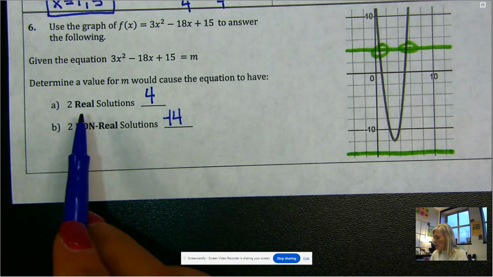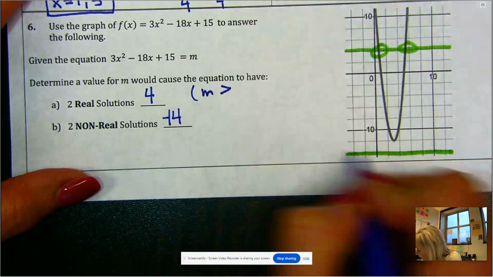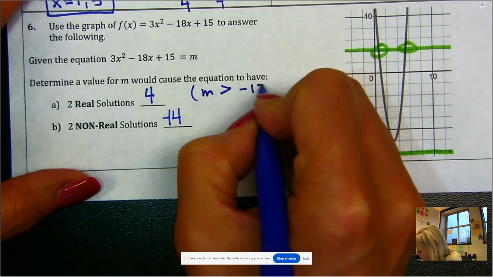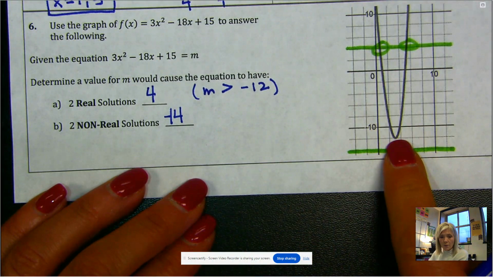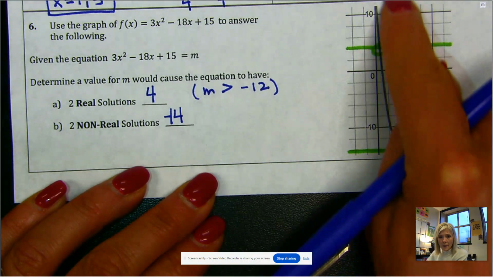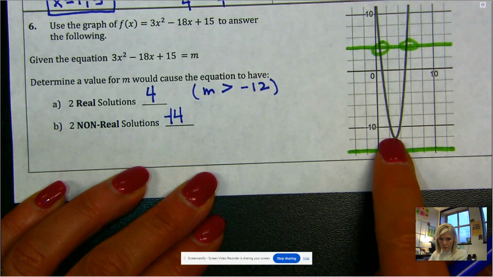But in order to get real solutions in general, m has to be greater than negative 12. It can't equal negative 12 because negative 12 just has one solution, but anything above that will have two real solutions. Okay?